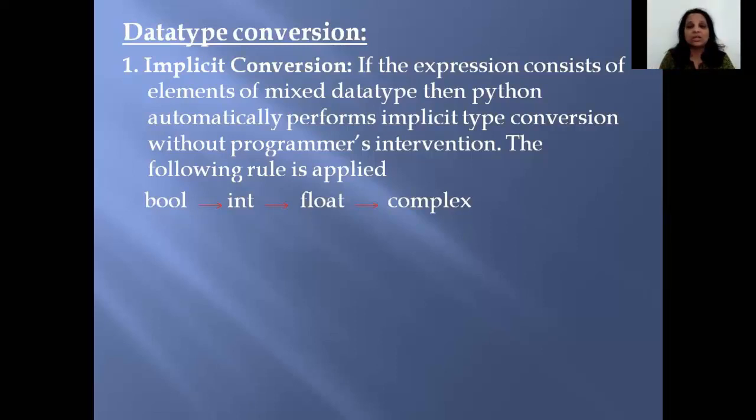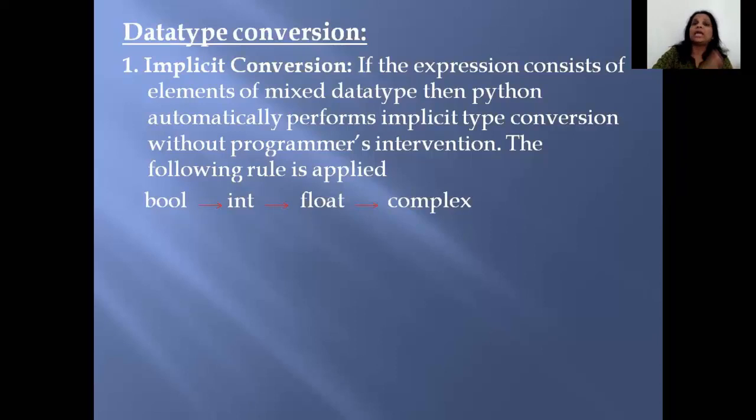In that scenario, implicit conversion takes place. What does implicit mean? Automatically. Does the programmer get involved with the conversion? No, it's automatically done by the Python interpreter for you. Now, when it does the conversion, what order does it follow?